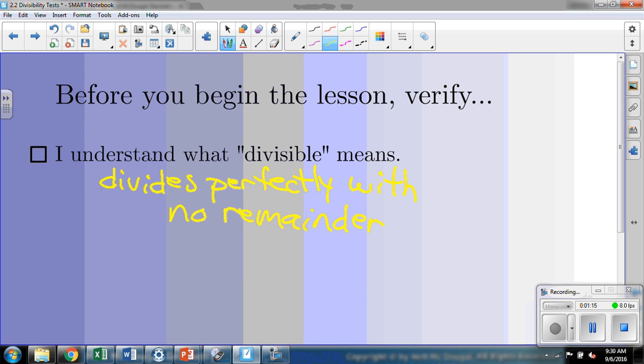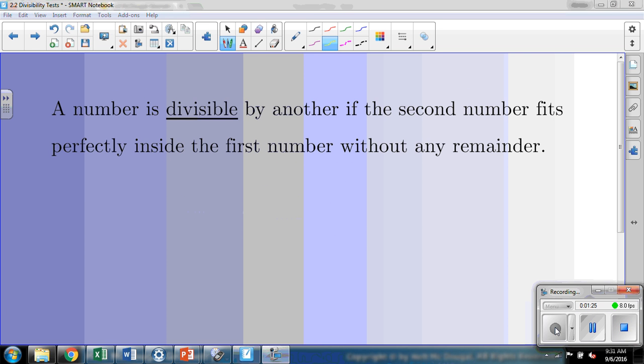And so when we are using a divisibility test, we are checking if divisibility exists, yes or no. Just to reiterate, a number is divisible by another if the second number fits perfectly inside the first one without any remainder.